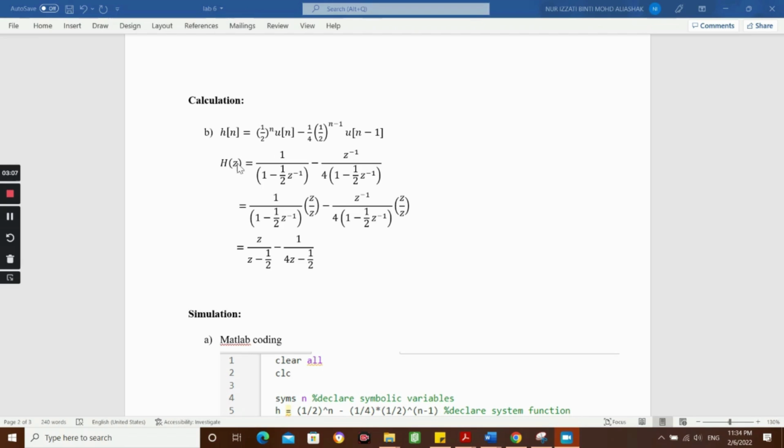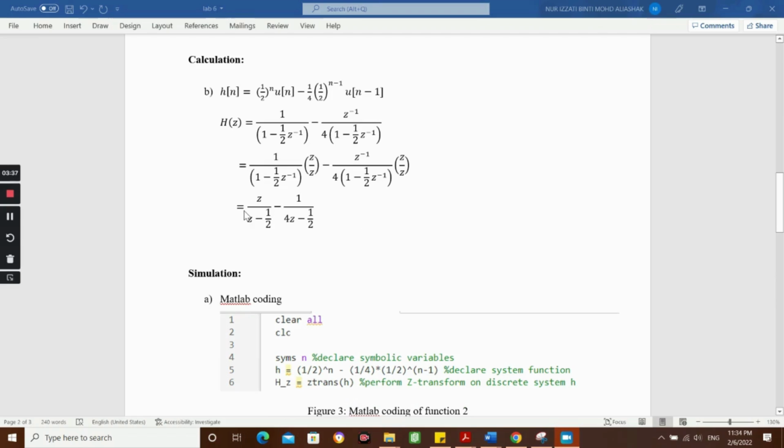This is what we get after we refer to the table. After that, the equation is multiplied by z over z to simplify it. Then we get the final Z transformation equation for system B, equal to z over z minus 1/2, minus 1/4 over z minus 1/2.